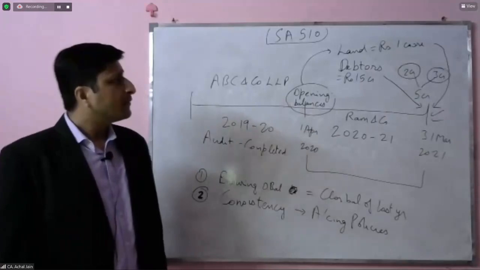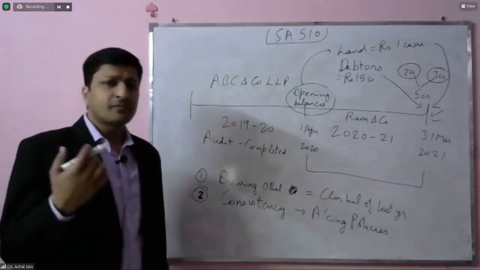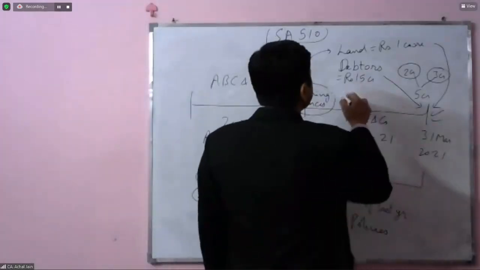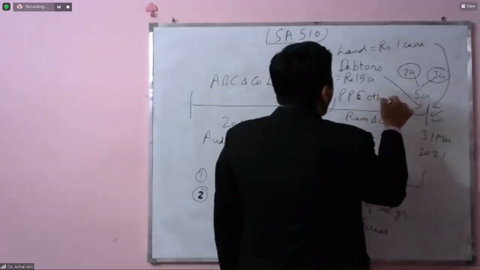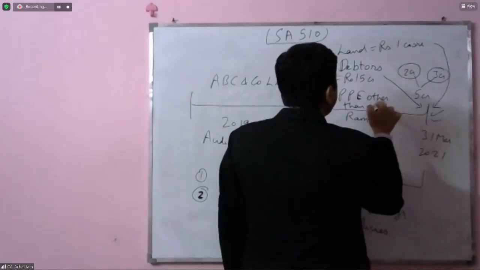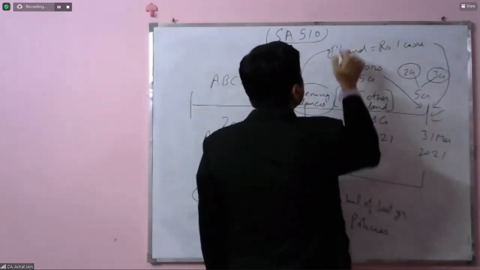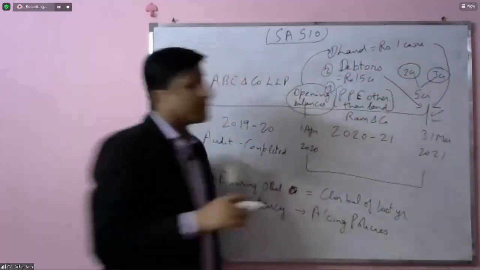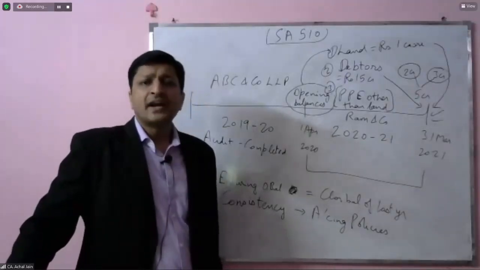Another example which we can pick up could be related to other items of PPE. So we can look at other items of PPE. That means PPE other than land. So this was 1, this was 2, this was 3. PPE other than land. Let's suppose company had plant and machinery.